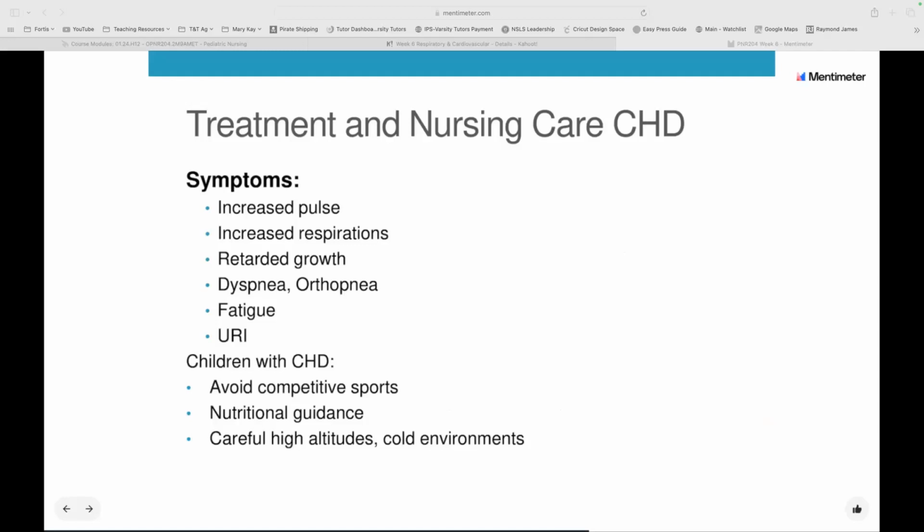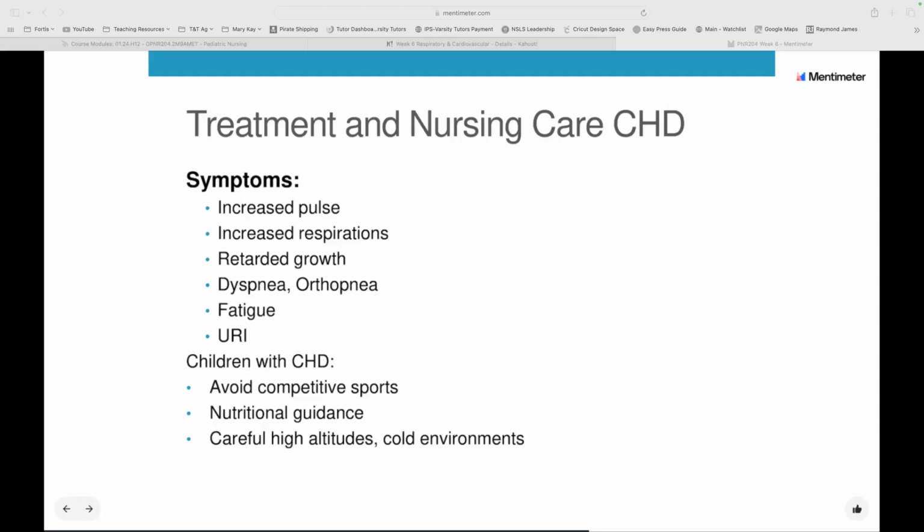So their constant level of increased respirations and pulse are going to eat up all their nutrition so that it can't be used for growth and development. It's just going to be used for survival. They have a lot of difficulty breathing, dizziness when they're moving, fatigue, and they're at high risk for upper respiratory infections because the cardiac and the respiratory system are so intertwined.